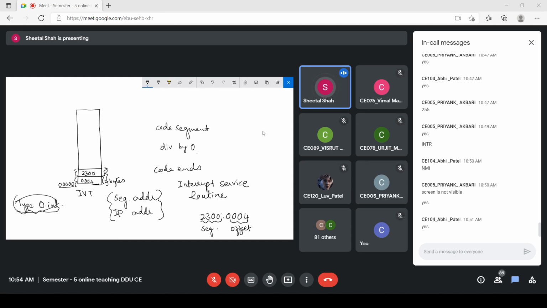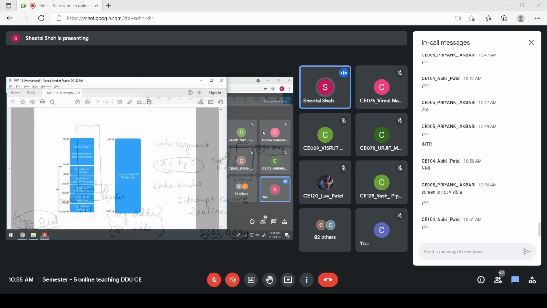Then by default an interrupt would be generated, and the control of the program would move to the interrupt service routine, which is at the address 2300:0004. So this is my physical address of the interrupt service routine for type 0. So when an interrupt has been generated, what are the steps?